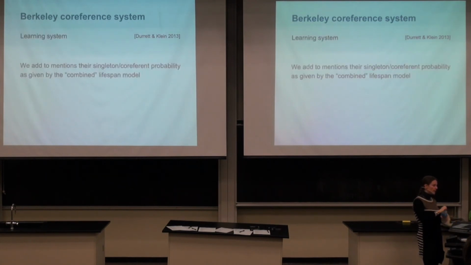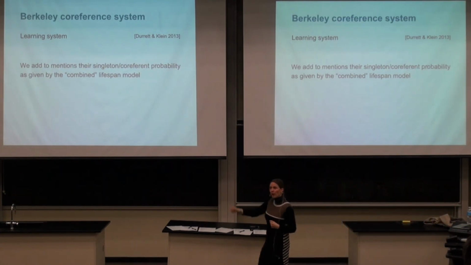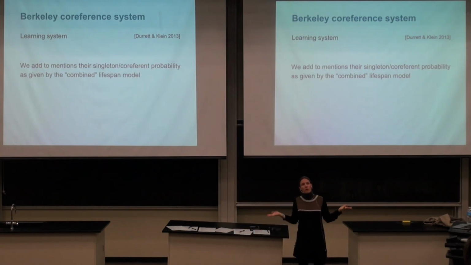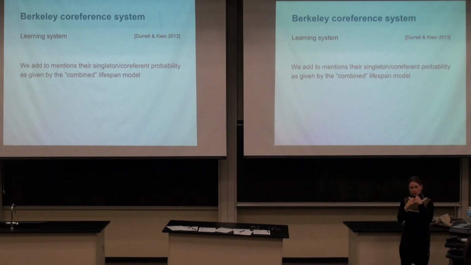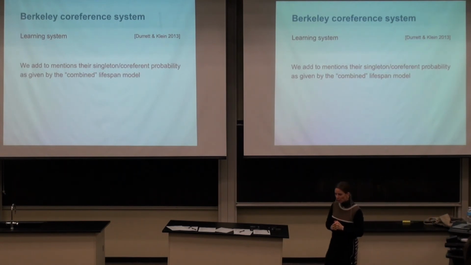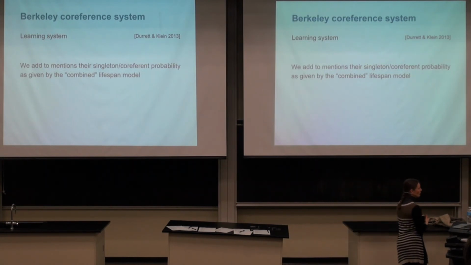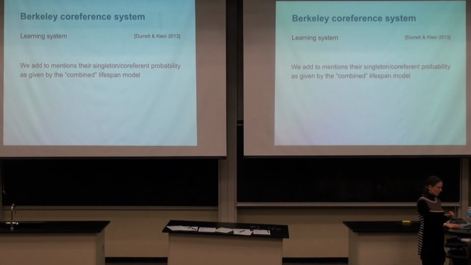So in this learning system, we could then make use of the full probability that we have of something being a coref or a singleton. And this is what we added as another feature in the system: the probability of the mention to be coreferent, as given by the best model, the one that was combining the surface and the linguistic features.